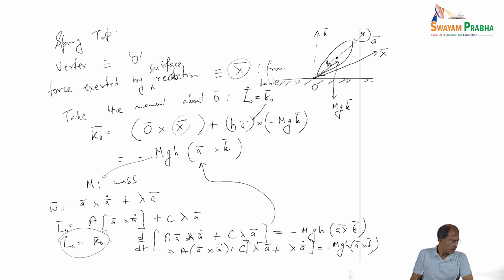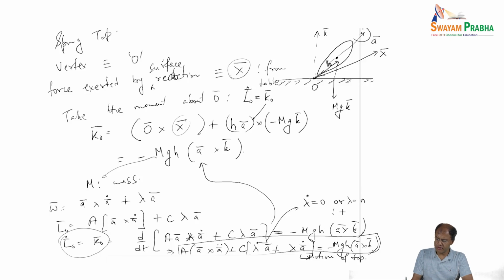right? So this is the equation that we have derived, and this is the equation for the motion of the top. Further, we know that in this setup we expect that lambda dot is 0, or lambda is a constant.